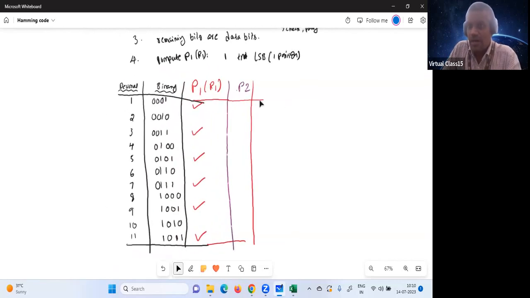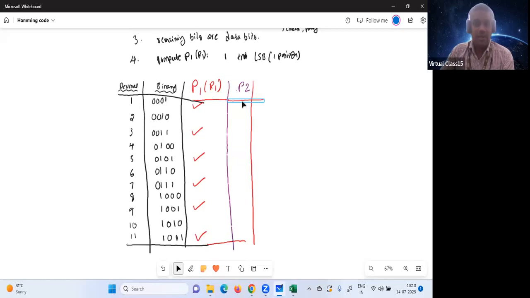So if you want to compute P2, you have to consider all bit positions whose second bit from the LSB is 1. Try to note this down: to compute P2, consider all bit positions whose second bit from LSB is 1.